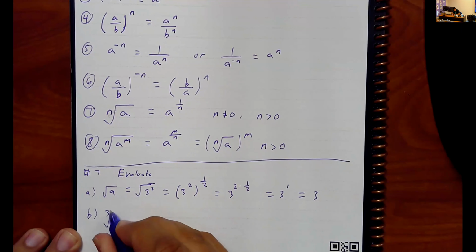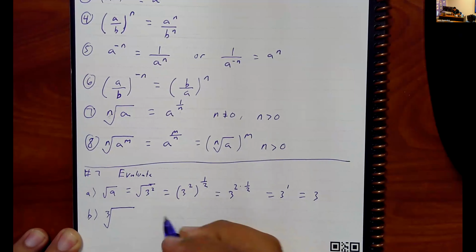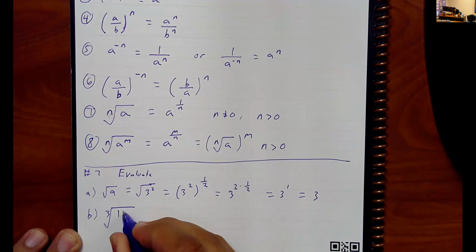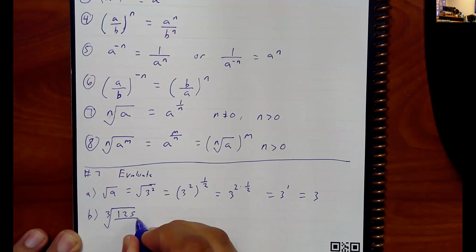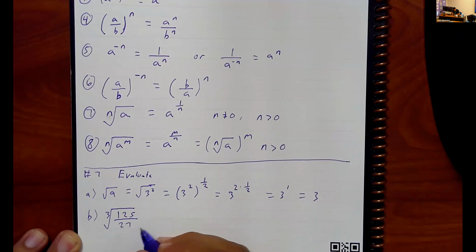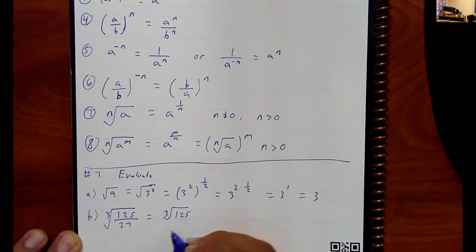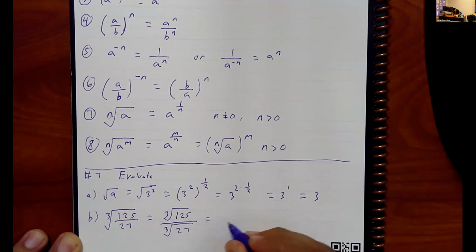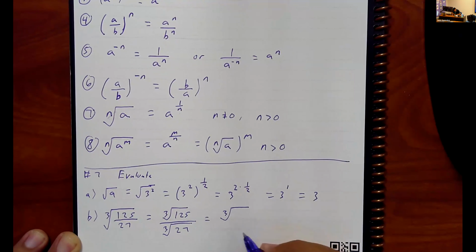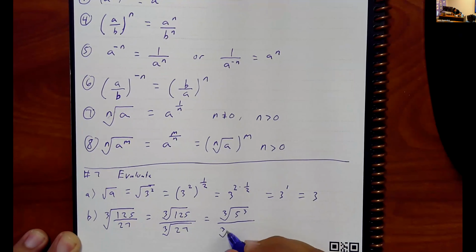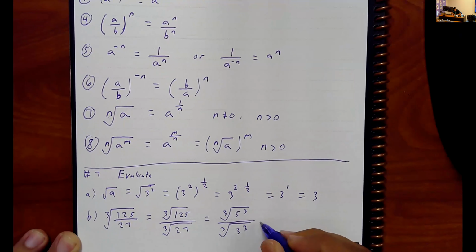Cube root. We'll just redo this real quick on paper. The reason these cancel is because they match the index. The powers match the index. Right?